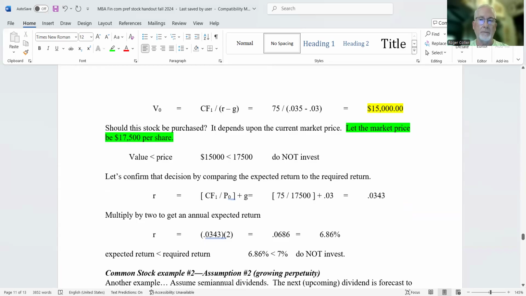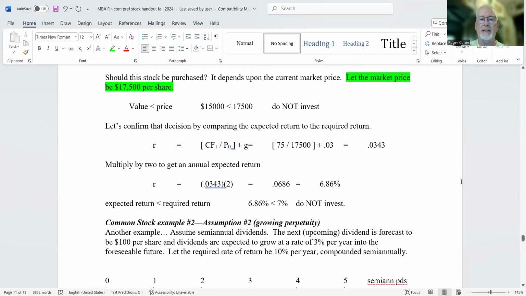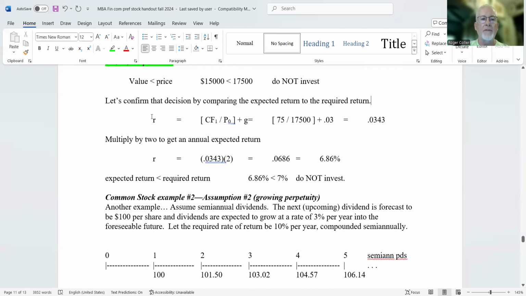Okay, and we always take that one step further by looking at the expected return.